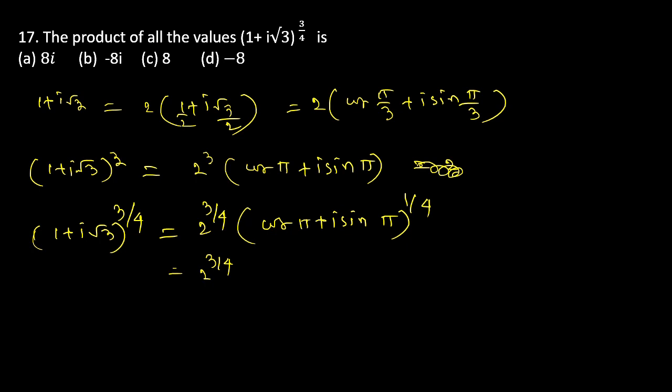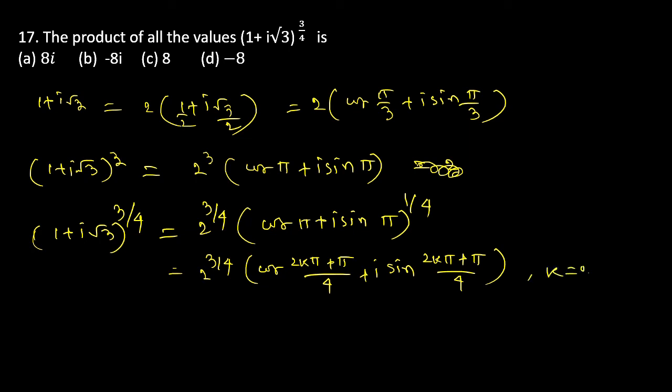into cos (2k pi plus pi) by 4 plus i sin (2k pi plus pi) by 4, where k equal to 0, 1, 2, 3, since this is 1 by 4.